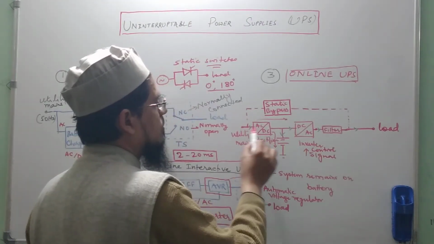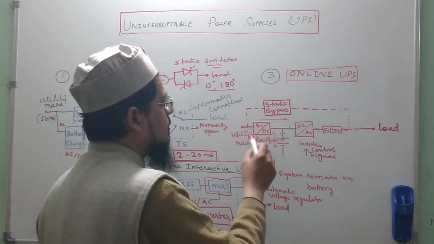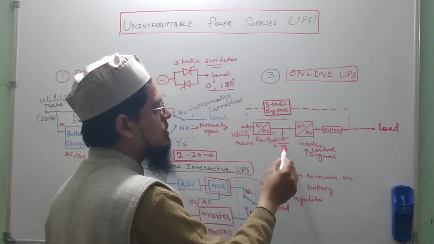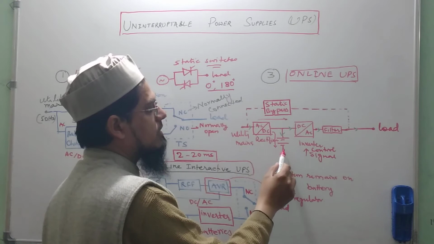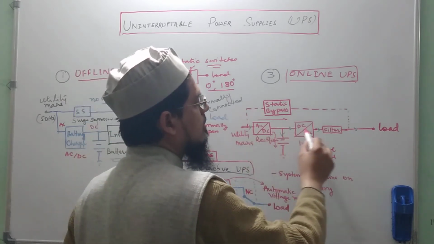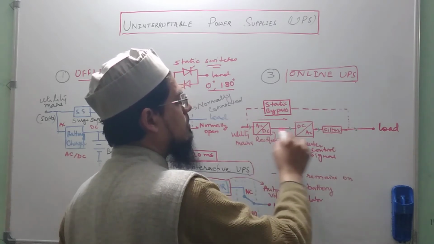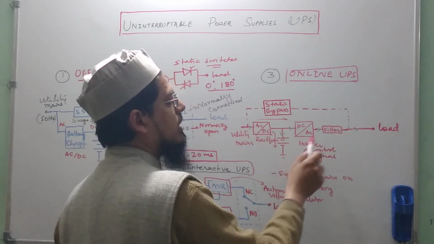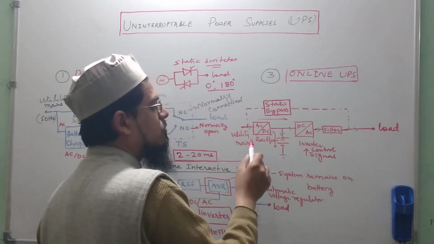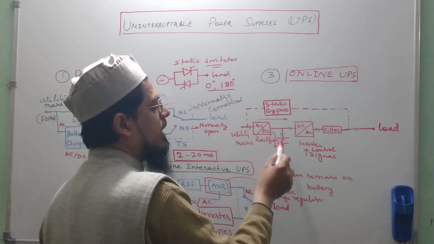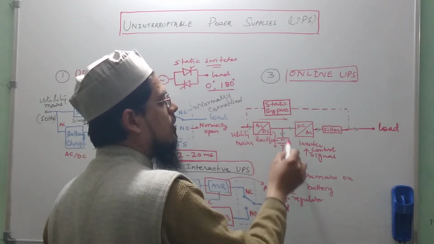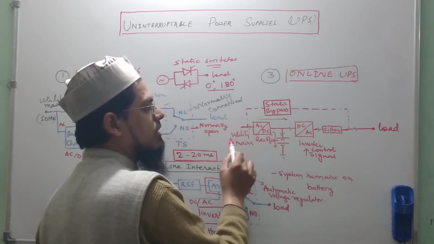So is it fine? How does it operate? This battery is charged simultaneously, and at the same time the load is being given power from the utility main by way of this rectifier and inverter. And you could see that the battery comes into operation only when this utility main fails.